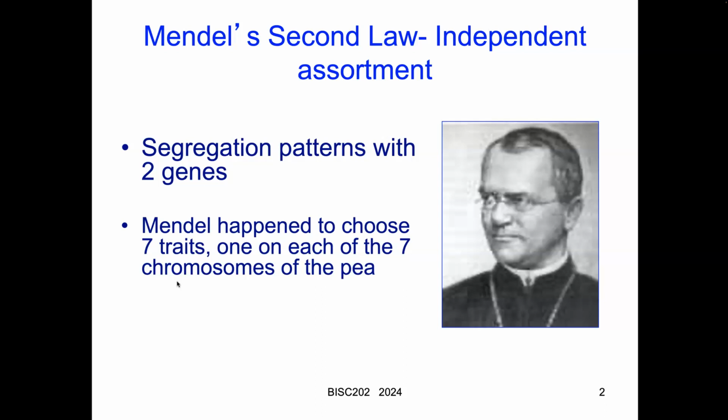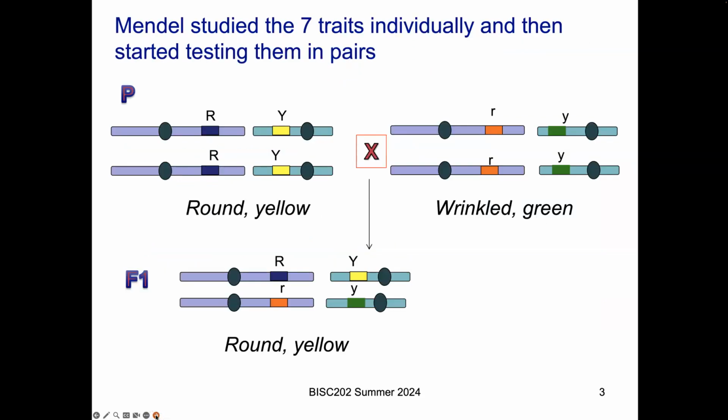But the ones he reported at the least were 7 specific traits, and they happen to be on different chromosomes, and the pea has 7 chromosomes. And so that was a lucky thing, because his second law couldn't have been determined without that being the case.